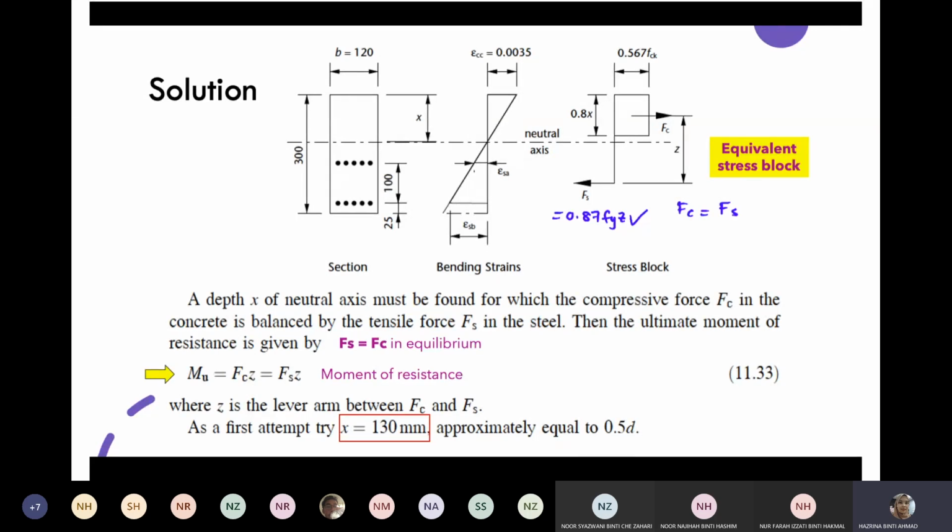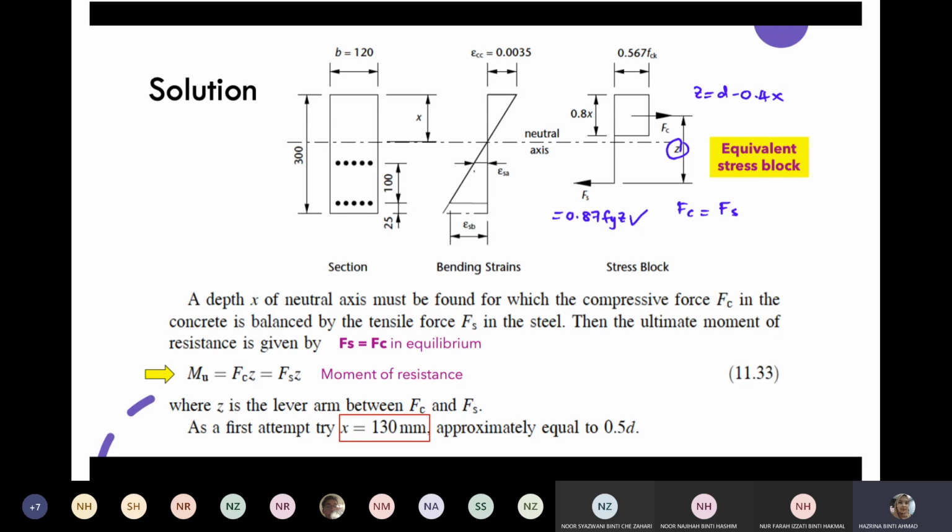We can use either Fc times Z, or Fs times Z, taking Fc about Fs or Fs about Fc, with the lever arm Z, which can be calculated using d minus 0.4x. That is the equation for the ultimate moment of resistance.